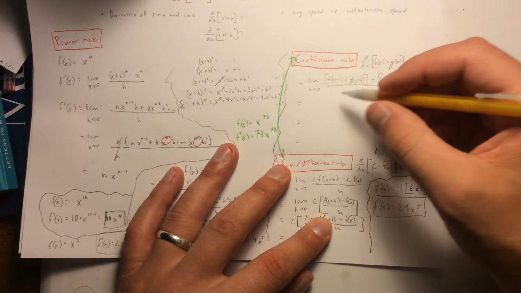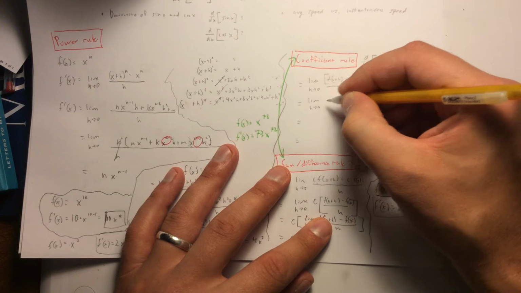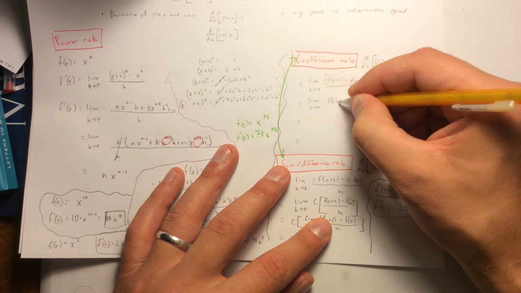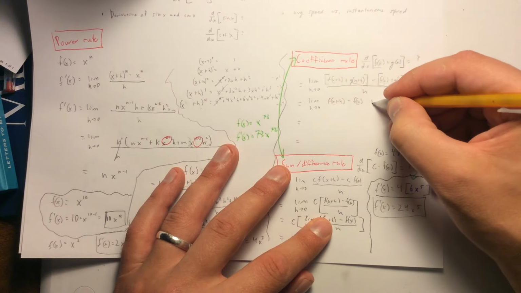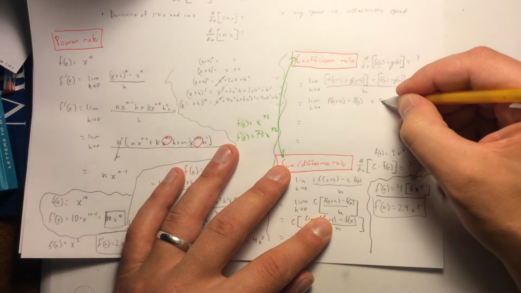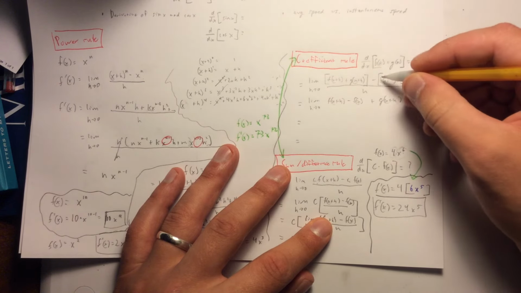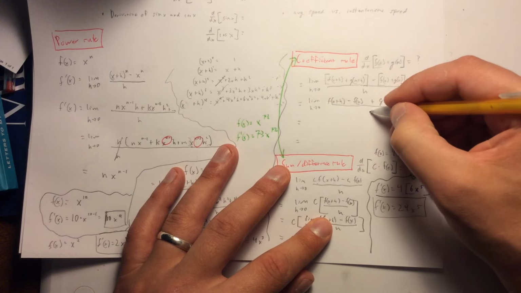So I'm just going to rearrange this. Limit as h approaches 0 of f of x plus h minus f of x plus, scoot this one over, g of x plus h minus g of x. I just distribute the negative right there. This is all over h.